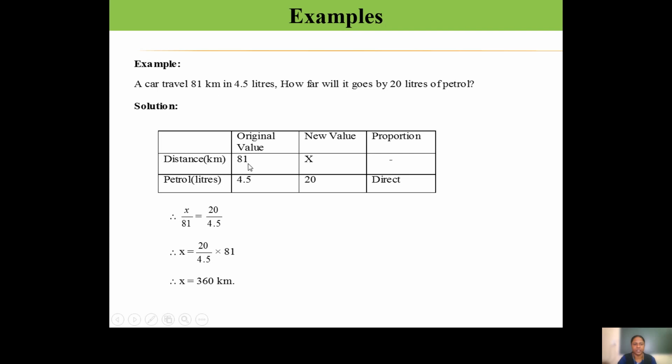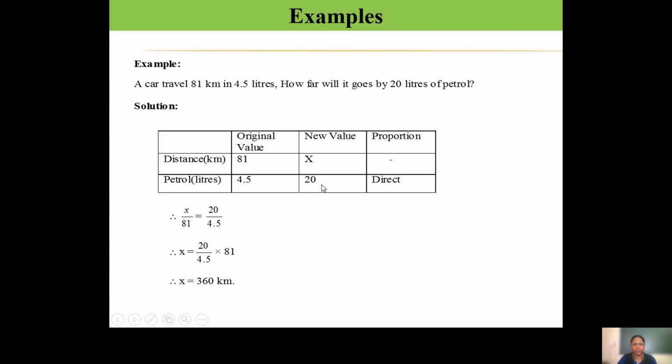The car travels 81 kilometers in 4.5 liters, and secondly, how far it goes by 20 liters. In the second part, the petrol quantity of 20 liters is given, and we have to find the distance it will cover by using this 20 liters of petrol.